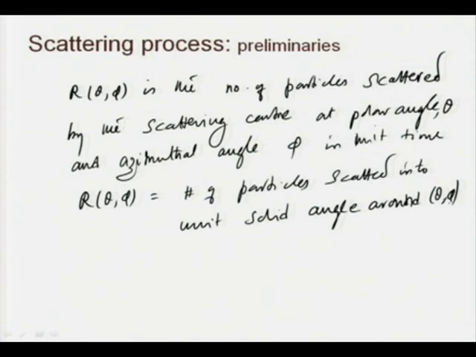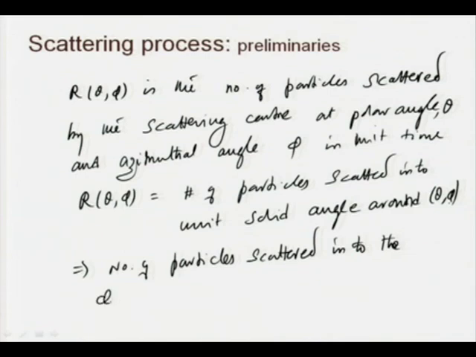Fine. Now, we can ask the question, what is the rate of particles which are received into angle d omega? The d omega, let us say, is the solid angle defined by the detector. Okay. So, the number of particles scattered into the detector, let me call it the detector with solid angle d omega.